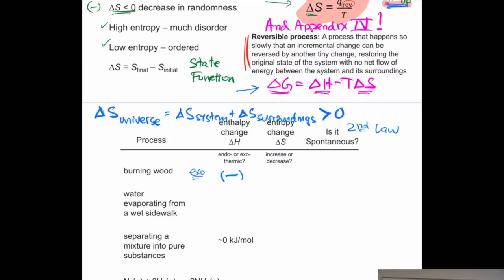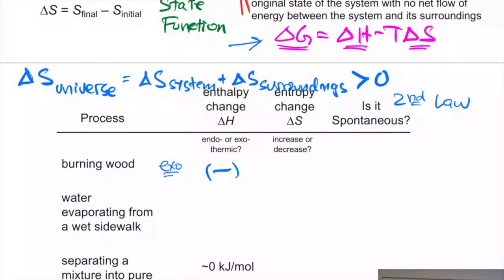Let me write the reaction. Here, let's burn some wood. Wood is mostly cellulose. Anyone know what the chemical formula for cellulose is? That's right, C6H12O6. It's the same as glucose. The difference is how they're linked together. But if you want to know more about that, you have to take my biochemistry class. But let's take some cellulose, mix that with some oxygen. This is a combustion reaction.